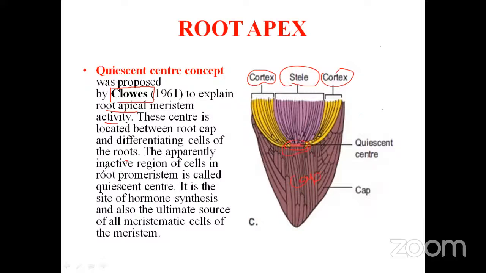The apparently inactive region of the cells in the root promeristem is called quiescent. Quiescent means inactive region.